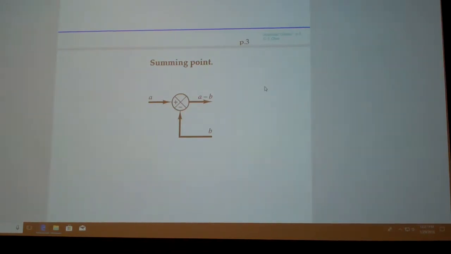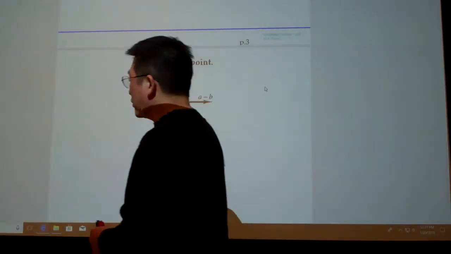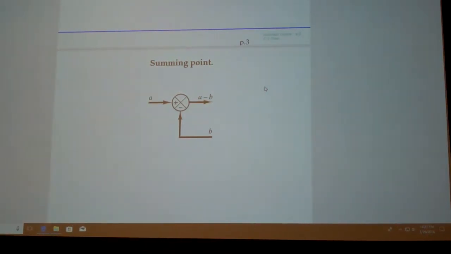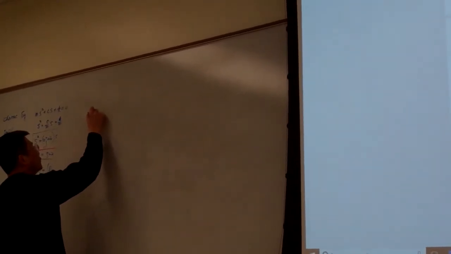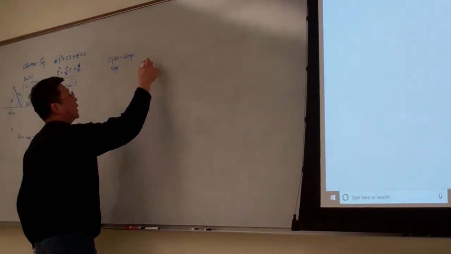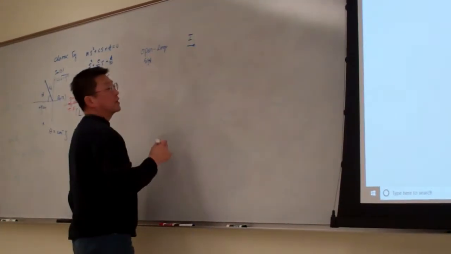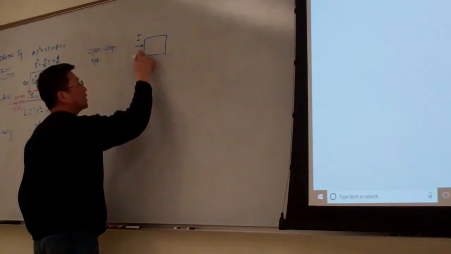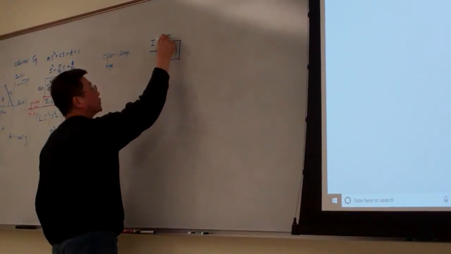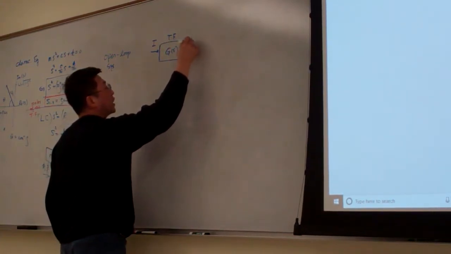For block diagrams, connecting from block to block, we use the signal flow. Let me show it to you. So for the open loop system, let me use I as an input, and this is the block, let me call it G, and G is our transfer function, and this is our output.